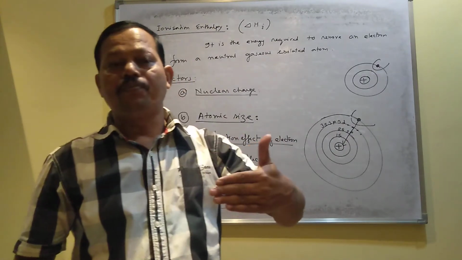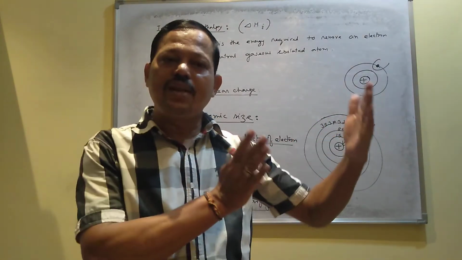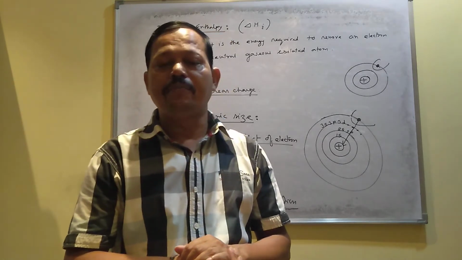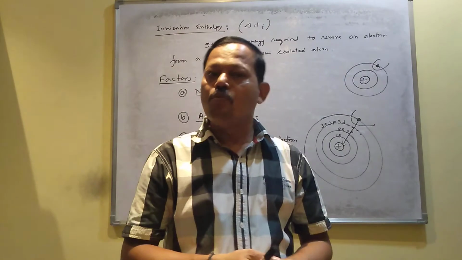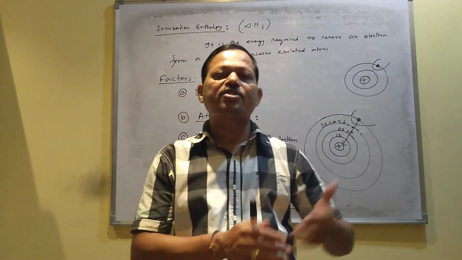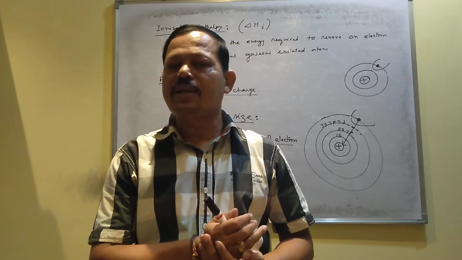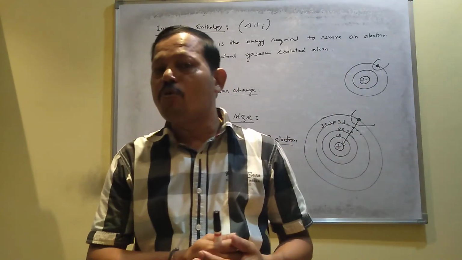So for those atoms which contain fully filled or half-filled p or d orbitals, if you want to remove an electron, then the energy required will be more. You know noble gases contain completely filled orbitals, and due to this it is very difficult to remove the electron, and they require a very high amount of energy.